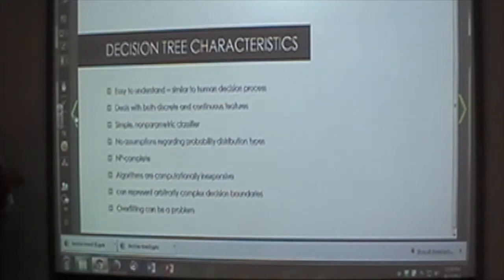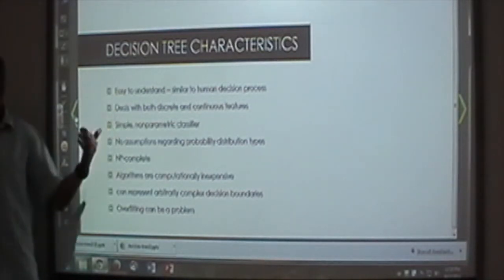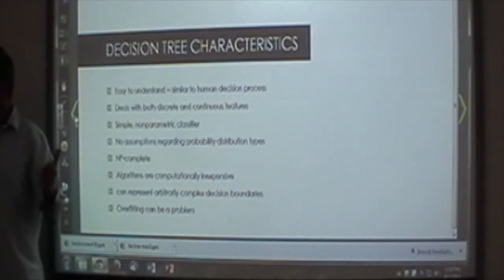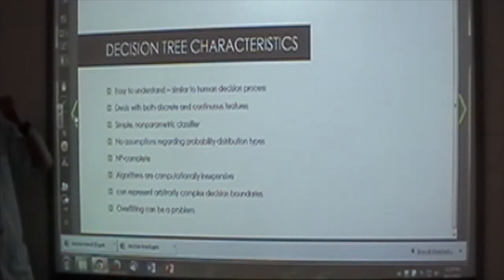It deals with both discrete and continuous attributes, as we saw in the weather example. The temperature was continuous. Some of the others were discrete. Was it sunny? Was it overcast? Was it rainy? It's fairly simple.